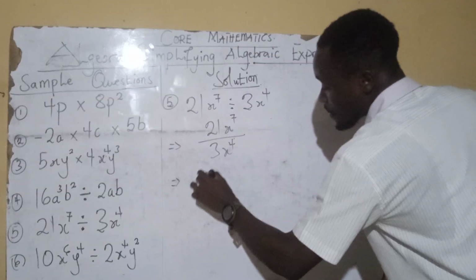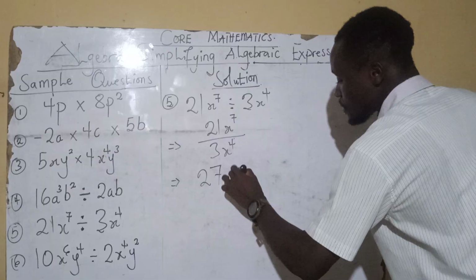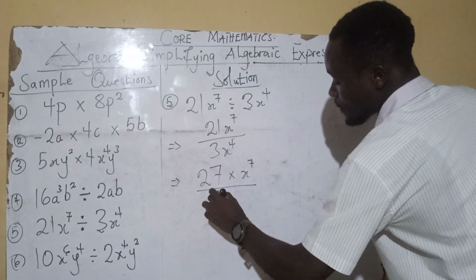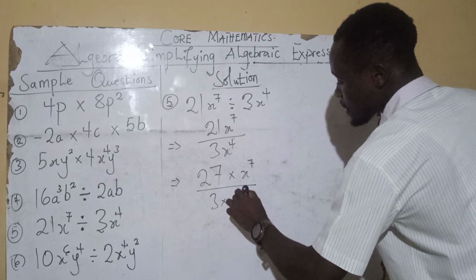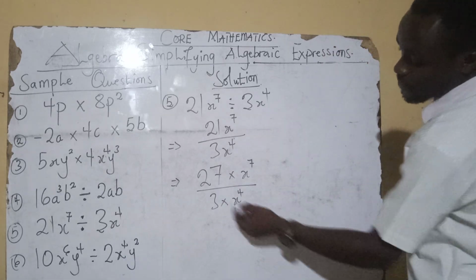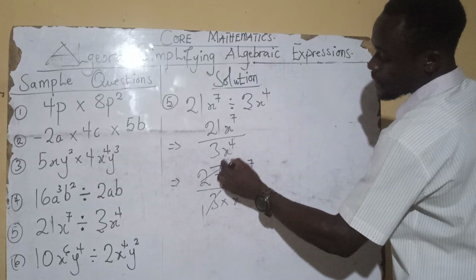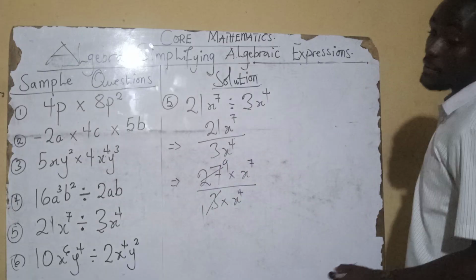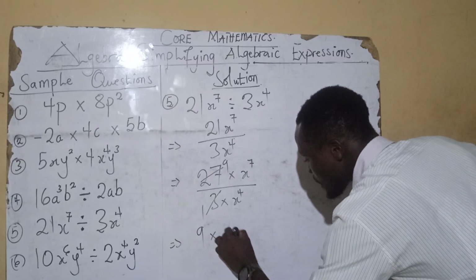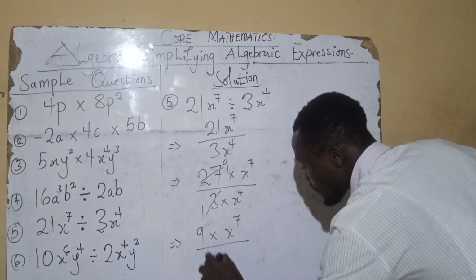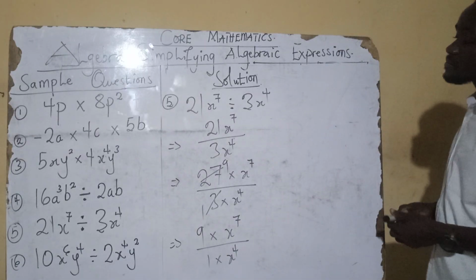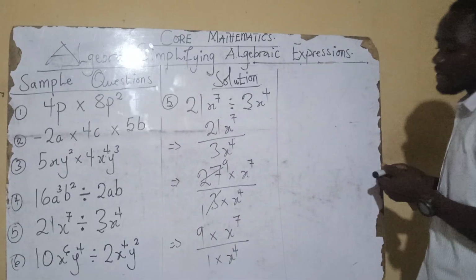This can also be rewritten as 21 multiplying x⁷ all over 3 times x⁴. This multiplication sign is still the same. So the 3 cancels out, 1 goes here, 7. Very good. So here we have 7 multiplying x⁷ all over 1 times x⁴.